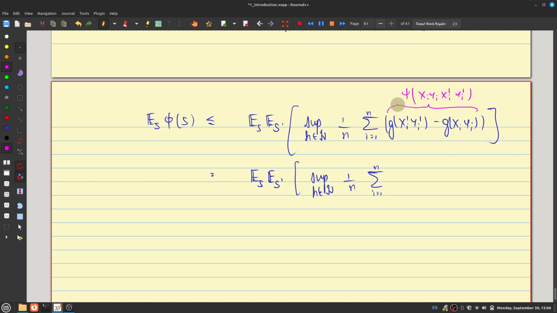Why? So xi prime yi prime is independent and identically distributed as xi yi. Let's assume I'm looking at one particular term in the summation. If you fix any particular term in the summation, whether I look at this quantity or the negative of this quantity, I claim that it ultimately doesn't influence this overall expectation.